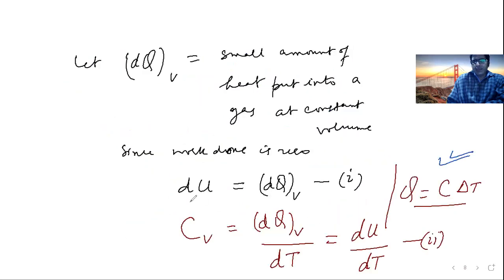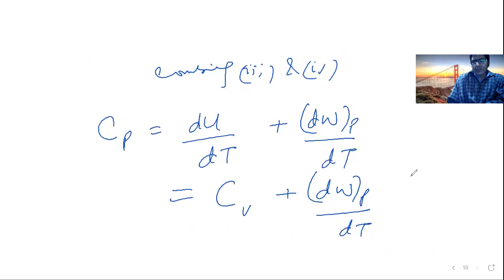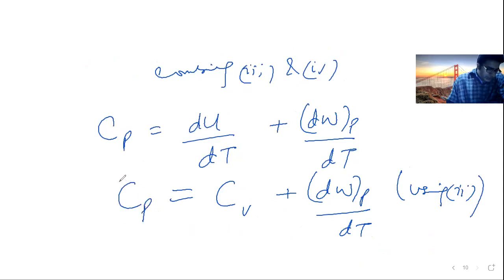This equation, the second. So if I use the second, I replace dU/dT by Cv. So I'll write here, using the second, this is the relation: Cp is equal to Cv plus dW_p/dT. And let us give some name to it. Let this equation be labeled as fifth.